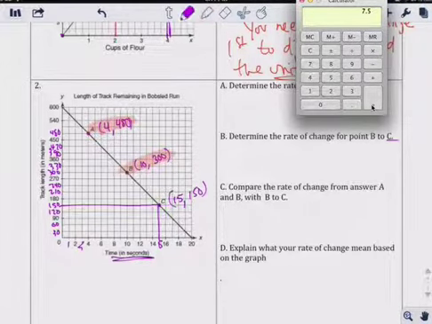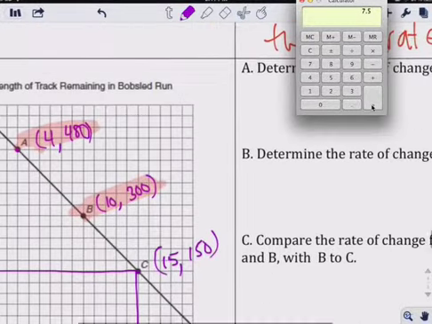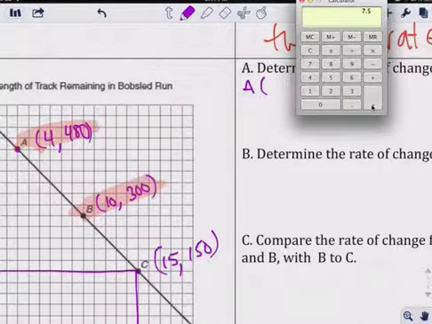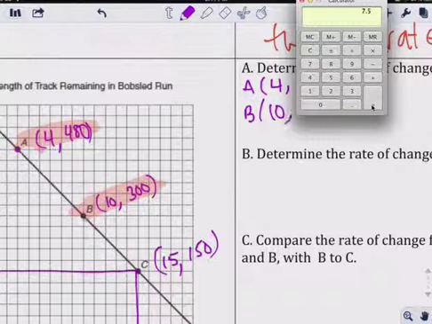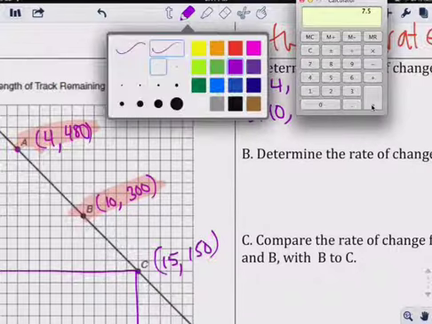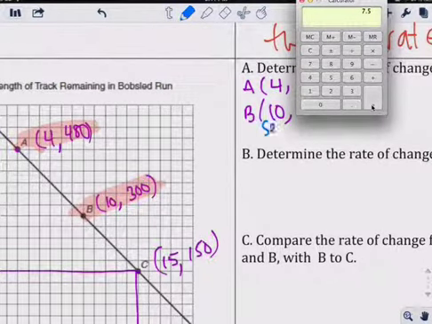A is 4 seconds, you'll be at 480 meters. Point B, at 10 seconds, you'll be at 300 meters.